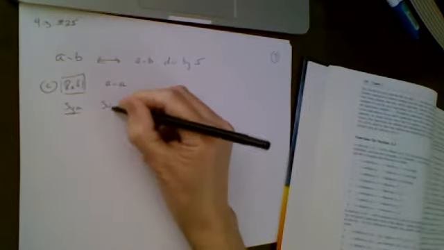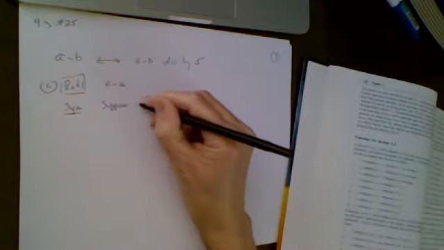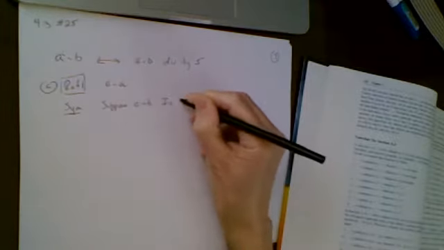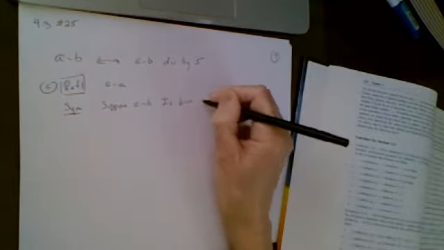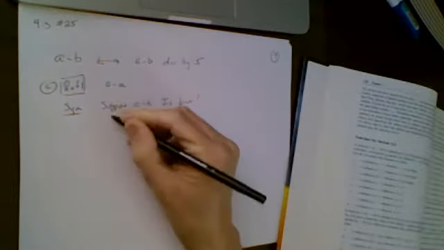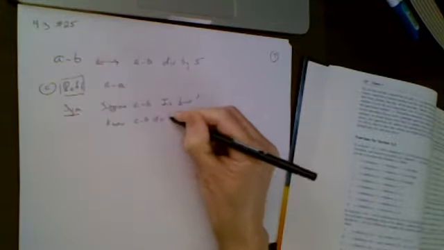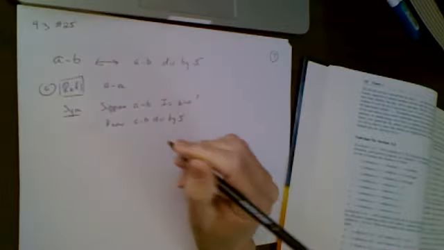What about symmetric? So suppose A is related to B, is B related to A? So in other words, A minus B is divisible by 5.